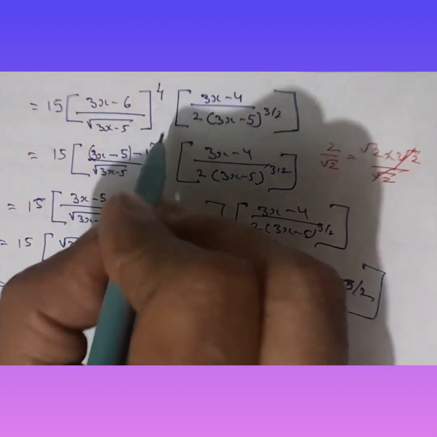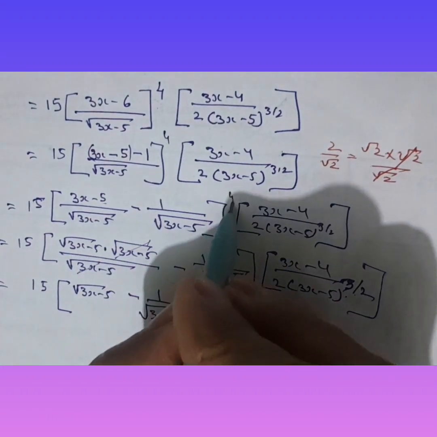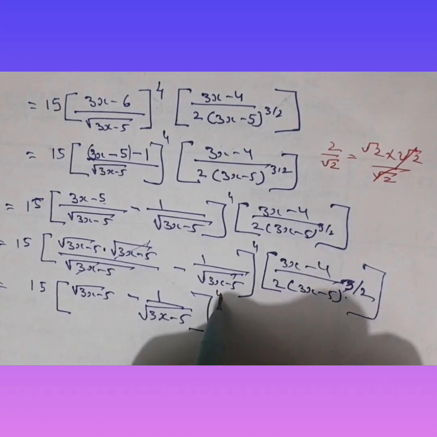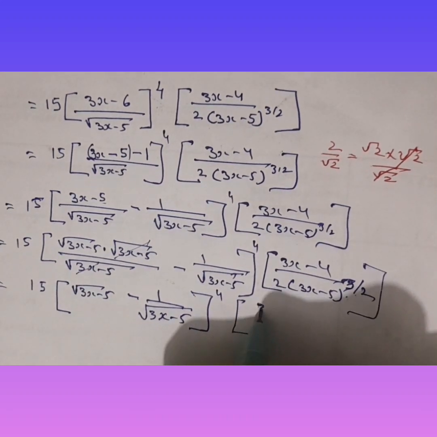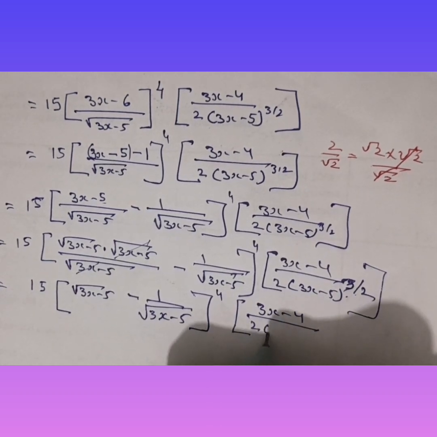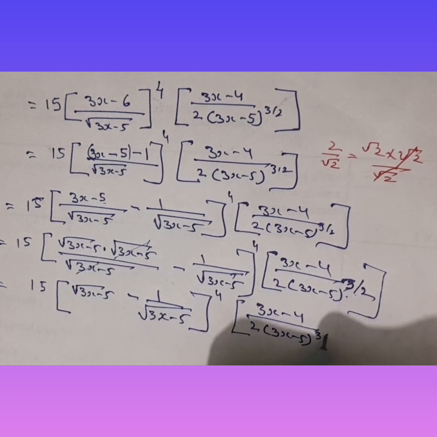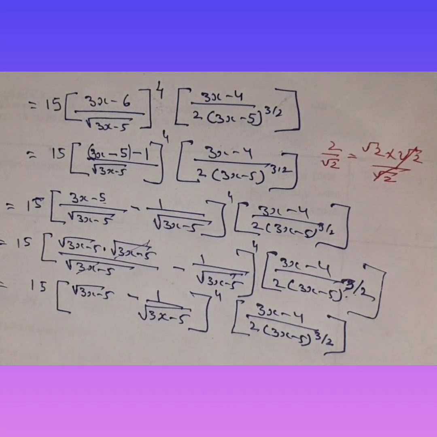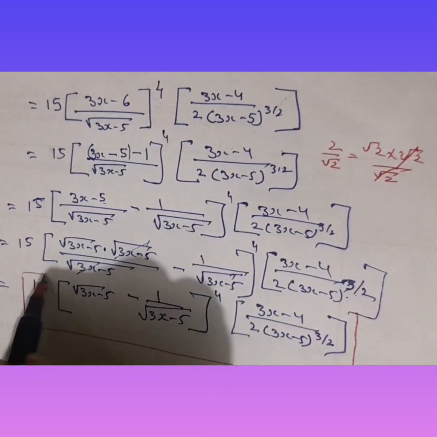I forgot to mention, everywhere it was raised to 4, right? Everywhere it was raised to 4, and this is 3x minus 4 upon 2 into 3x minus 5 raised to 3 by 2. Alright, so this is our answer finally.